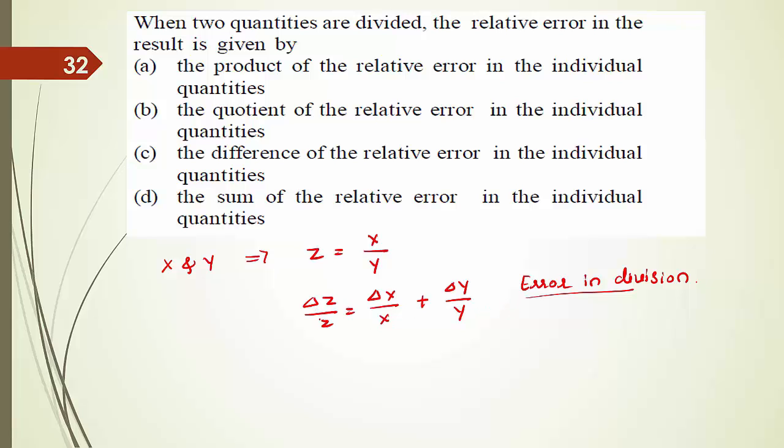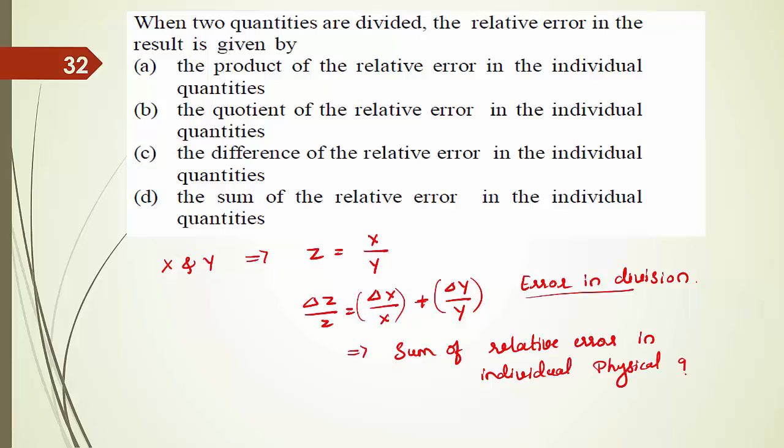Delta z over z equals delta x over x plus delta y over y. You can observe this equation is the sum of relative errors. Delta x over x is the relative error, and delta y over y too. It is the sum of relative errors in the individual physical quantities. This is error in division. What is the question? When two quantities are divided, the relative error in the result is given by.